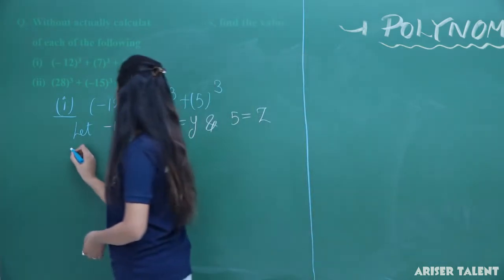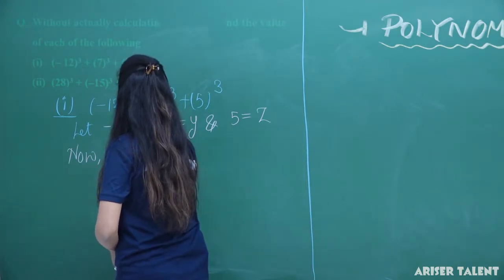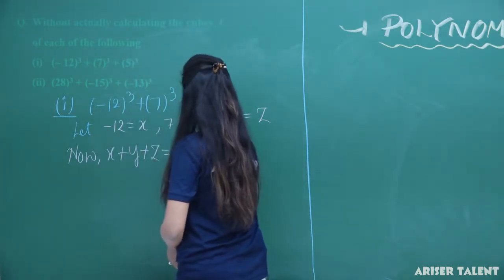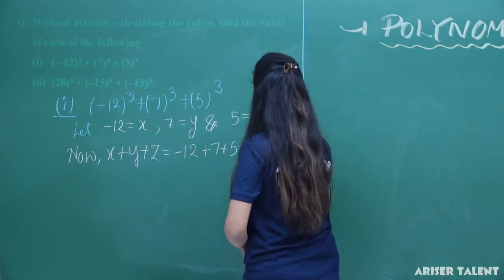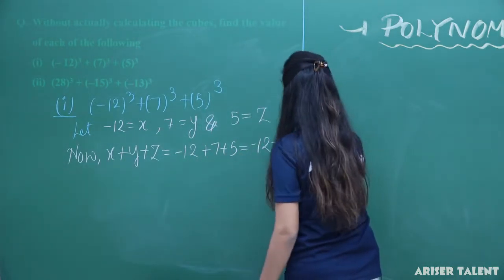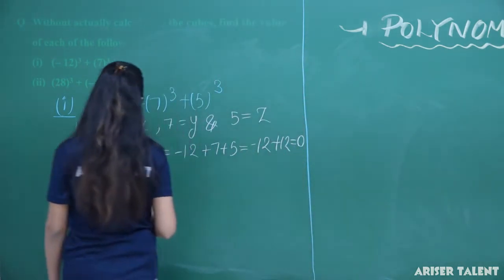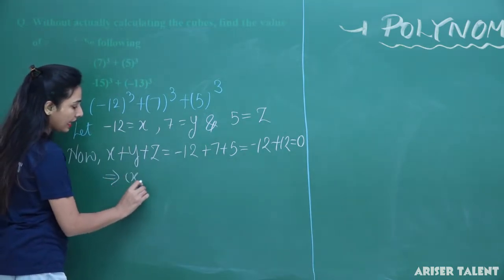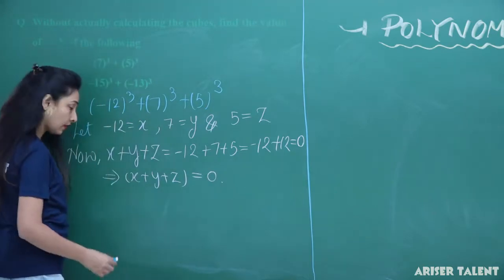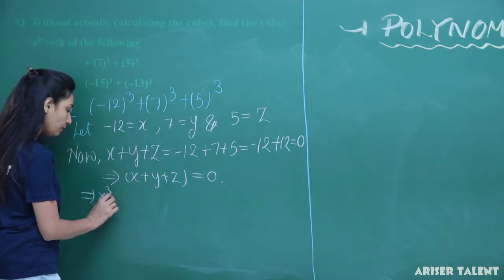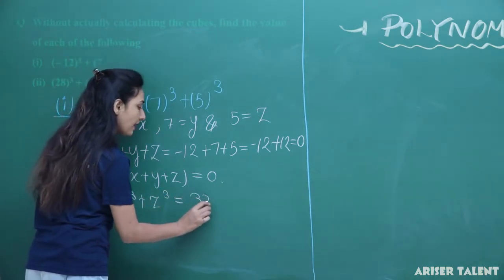Now, x plus y plus z is equal to minus 12 plus 7 plus 5, which is minus 12 plus 12, equals 0. This implies that x plus y plus z equals 0. This implies that x cube plus y cube plus z cube is equal to 3xyz.